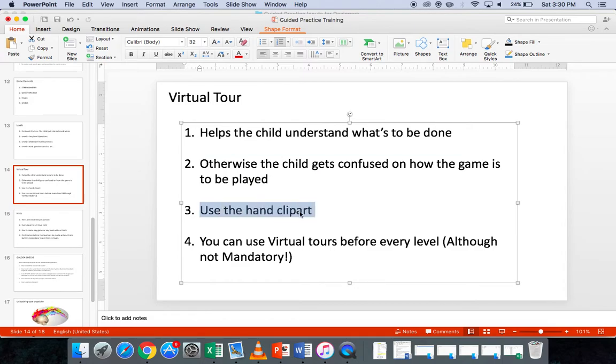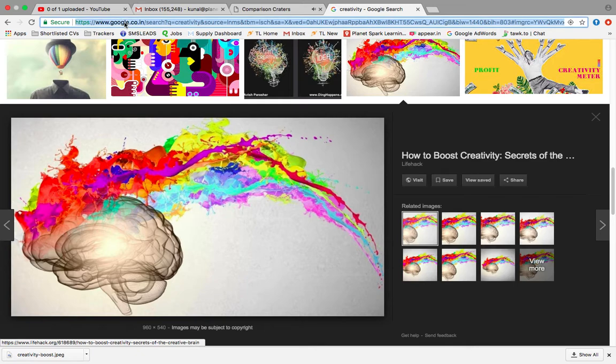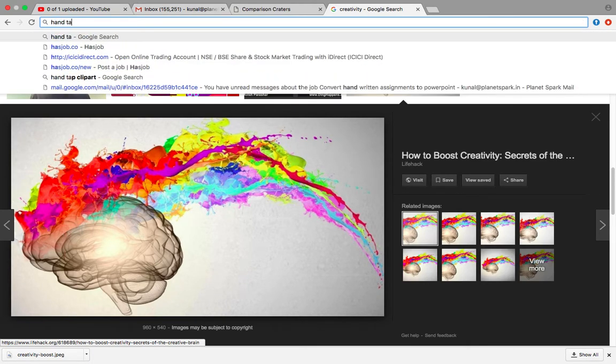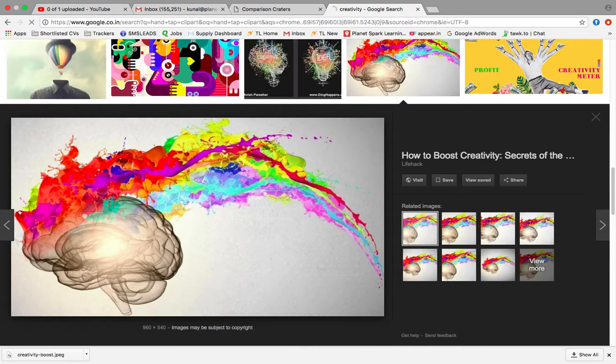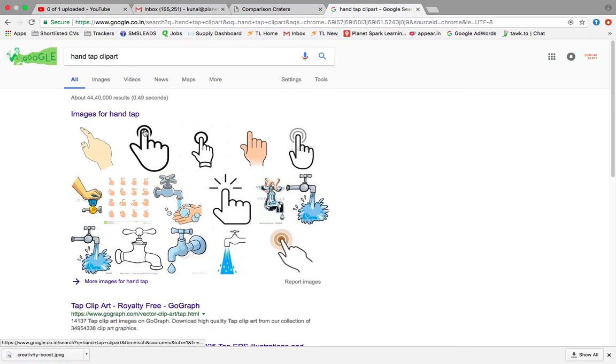Always use the hand clip art. What is a hand clip art? You can actually call it a hand tap clip art as well. Hand tap clip art is the same symbol that we use quite often. So this is that symbol. You can use this one, this one, or this one, whichever one in your PPT.